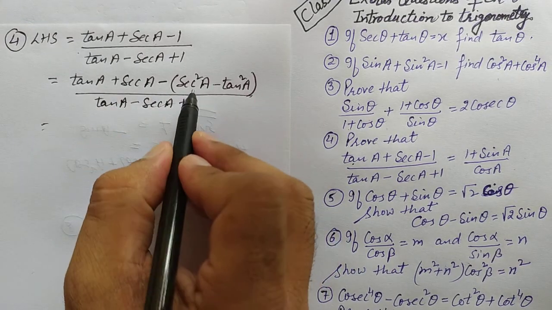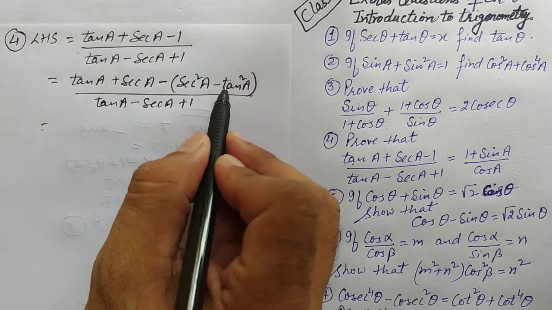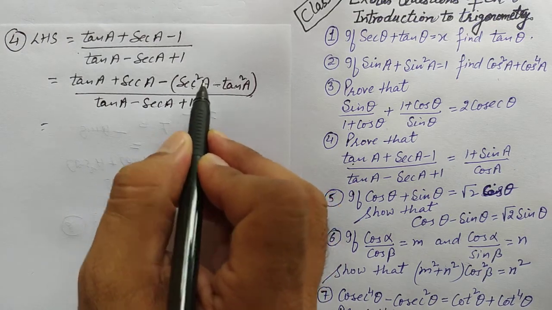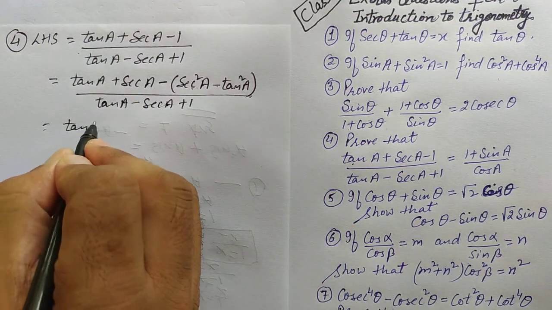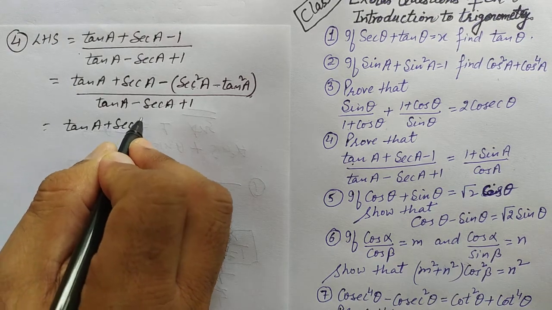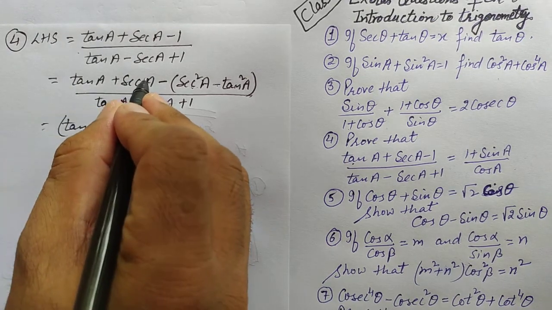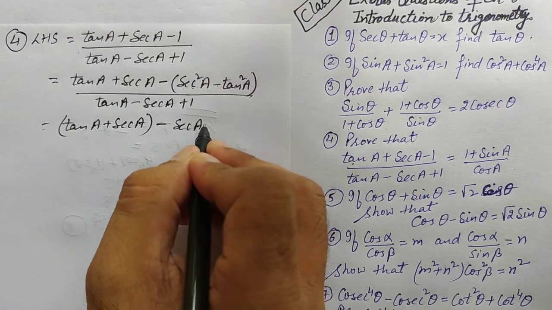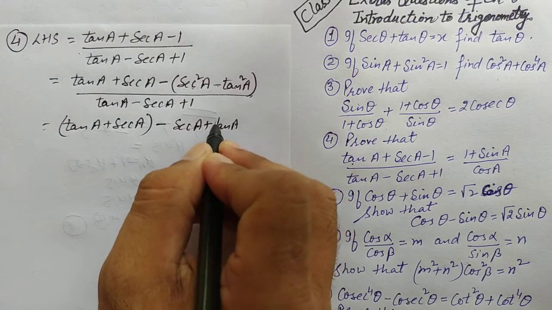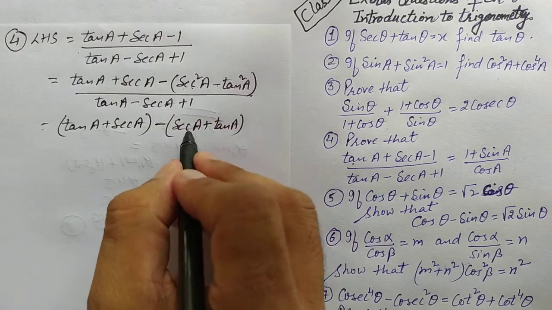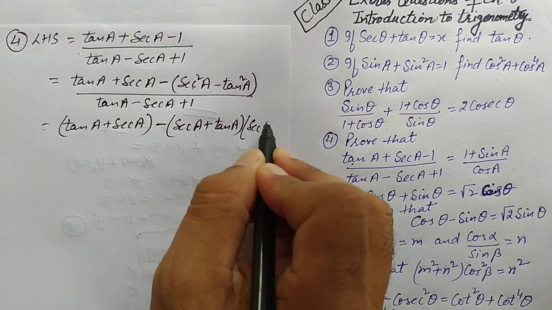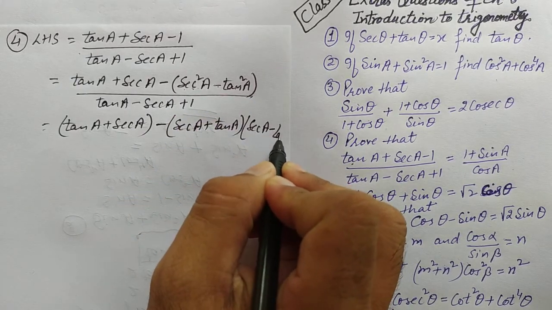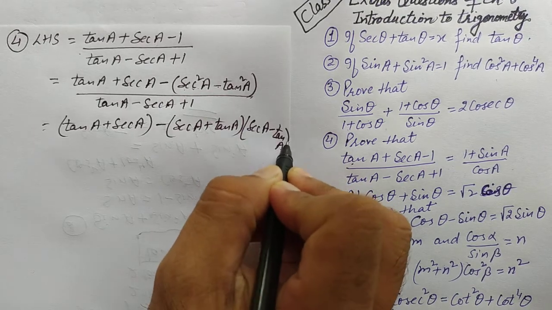Okay, here we apply a square minus b square, that is a plus b into a minus b. So let's see what will happen here. This I have taken in bracket now. Formula is there, a square minus b square is a plus b into a minus b, right? Like this way I have written.